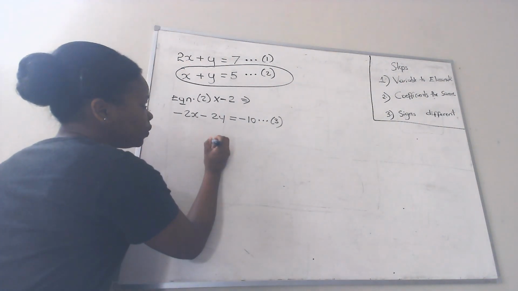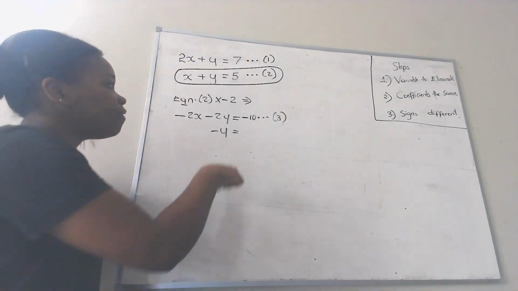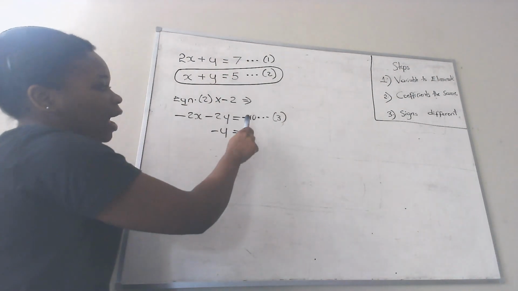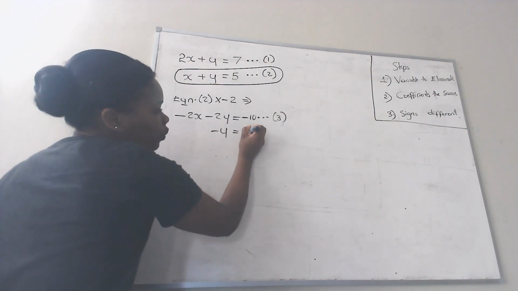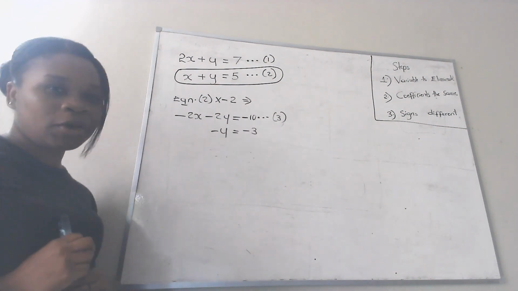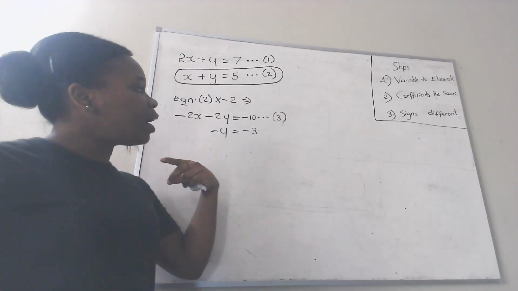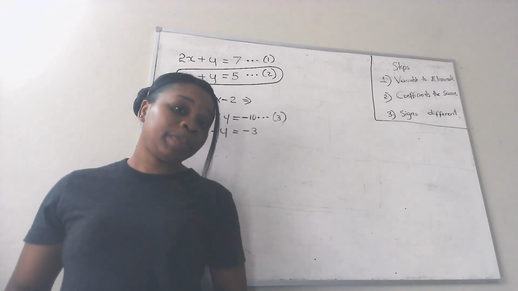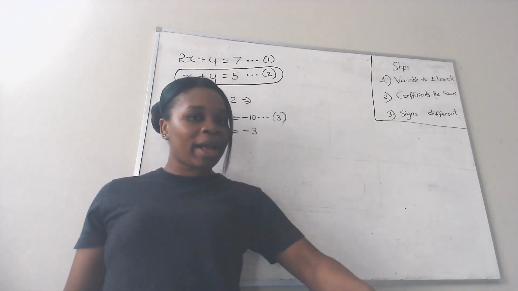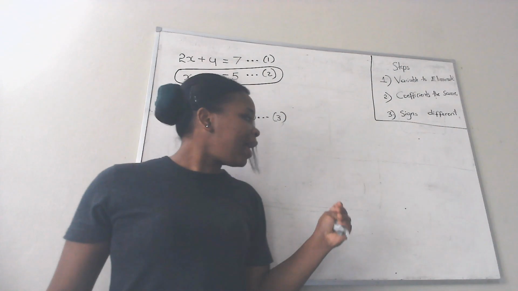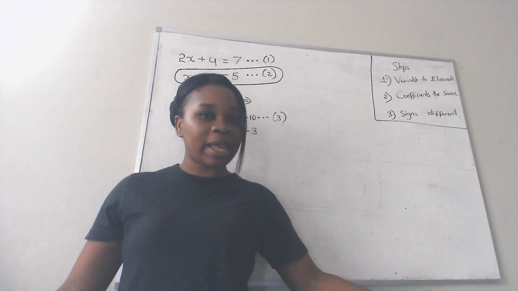So let's go. So this is minus y is equal, if I have 7 and I owe 10, it means I still owe 3. So that's minus 3. So now I have minus y is equal to minus 3. But since I'm finding the value of y, as in y equal to, y cannot be minus or negative.